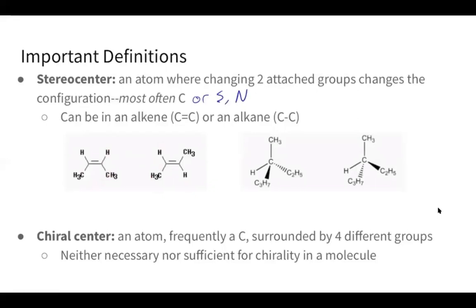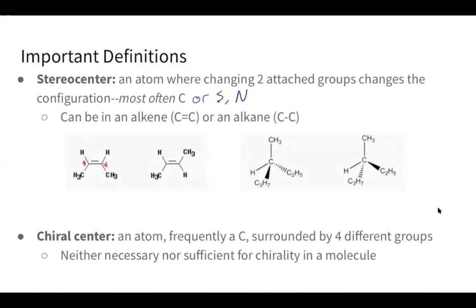So normally we show that an atom is a stereocenter by adding an asterisk. So I'll go ahead and add an asterisk next to both of these two carbons, because if we were to switch, move this CH3 group up and this H group down, we get this molecule over here, which is not the same as this molecule. These two are stereoisomers.